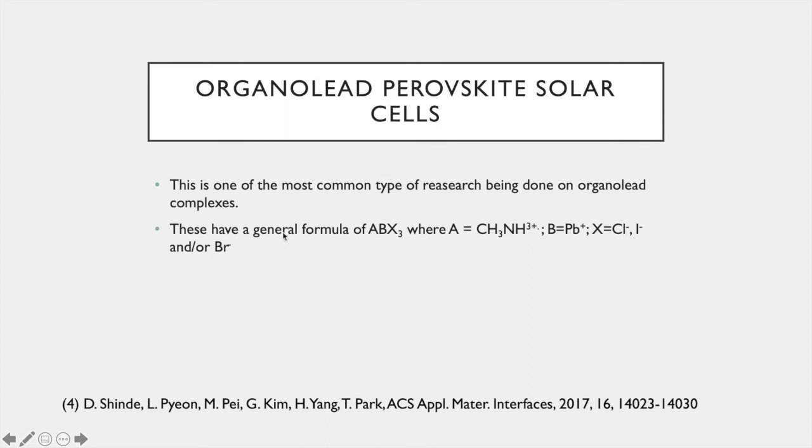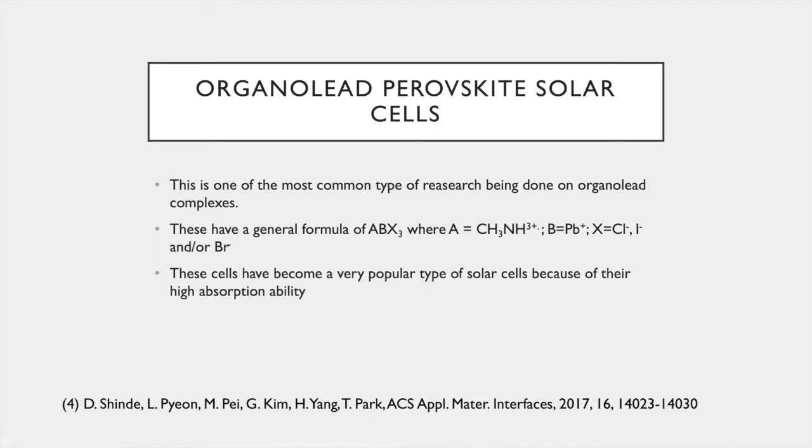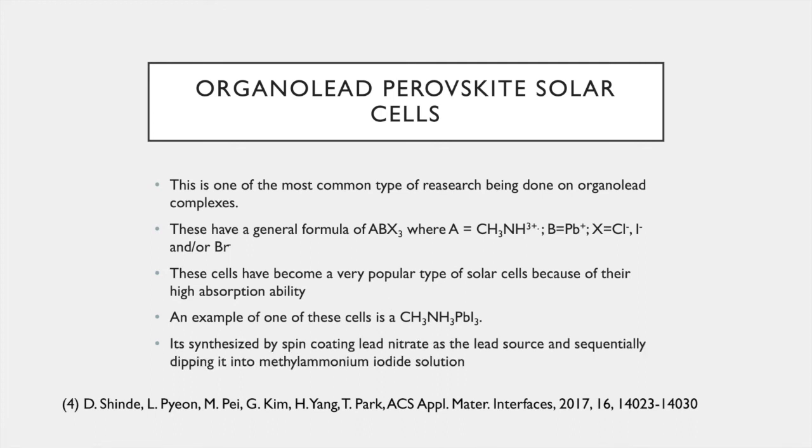These have become a very popular type of solar cell in research because of their very high absorption ability. A simple example would be CH3NH3PbI3. It's synthesized by spin coating lead nitrate as a lead source onto titanium oxide and then sequentially dipping it into methylammonium iodide solution.